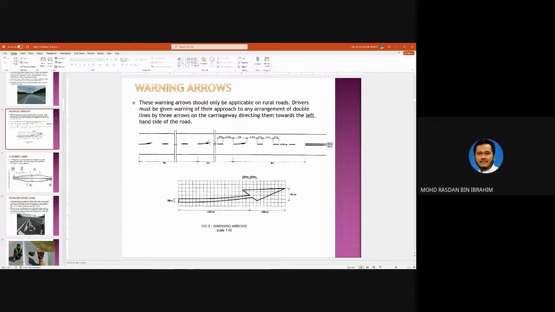These arrows mean that up front there's a no passing segment coming up. All right. So maybe if you have any pictures of examples of this, then you can show me. I have yet to get any pictures that use this type of warning arrows.